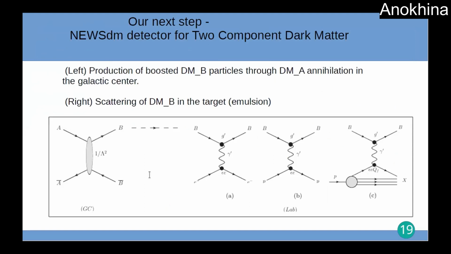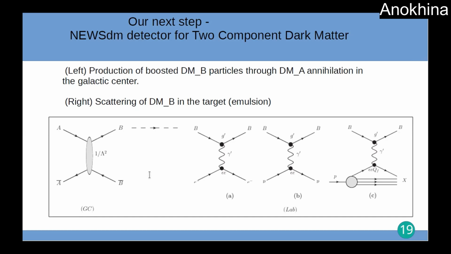Our next step is the two-component dark matter model for the NEWSdm emulsion experiment. And these are the steps of our next modeling. The left diagram is the production of boosted dark matter particles through the annihilation of the heavier first-component dark matter in the galactic center.